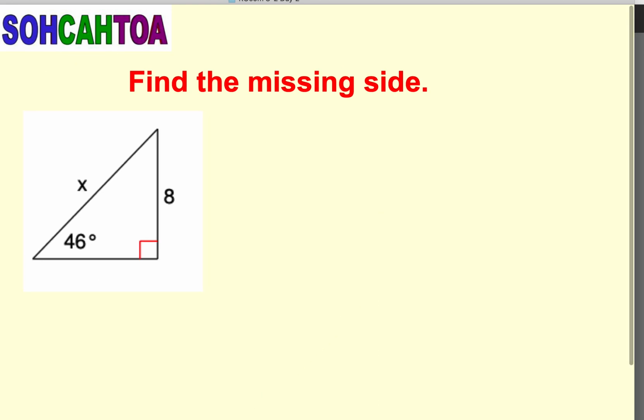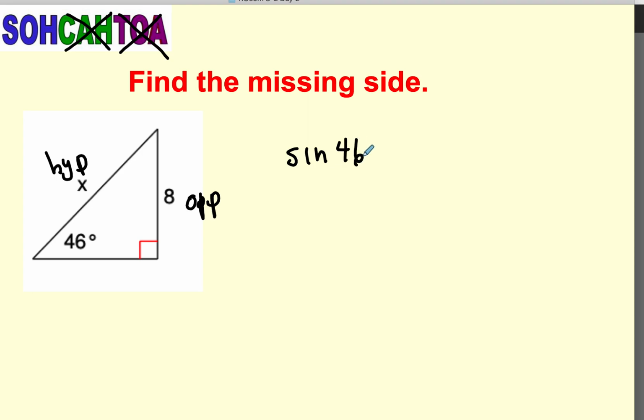Let's go on to the next problem. This is an opposite. This is a hypotenuse. And so I don't want to use tangent. Sine equals opposite, which is 8, over x.